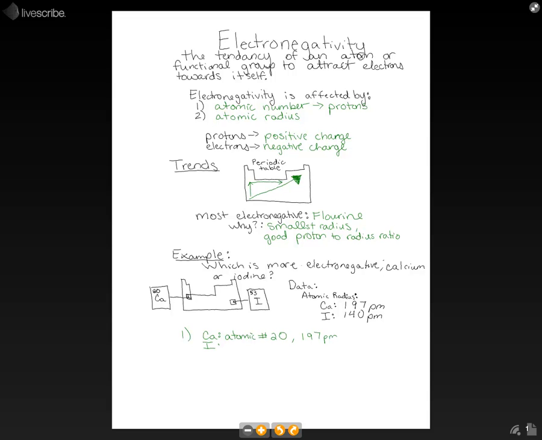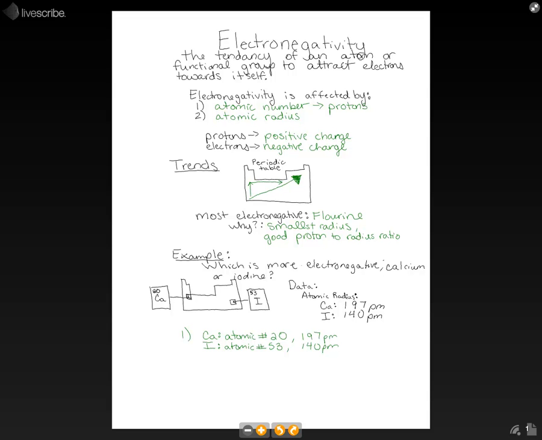So iodine, now if we look at it, has an atomic number of 53, and its radius is 140 picometers. So we look at what electronegativity is affected by. The first thing shows us that, well, the higher atomic number, the more protons, is iodine. So iodine gets part 1. And if we look at it in terms of the radius, iodine's is also smaller.